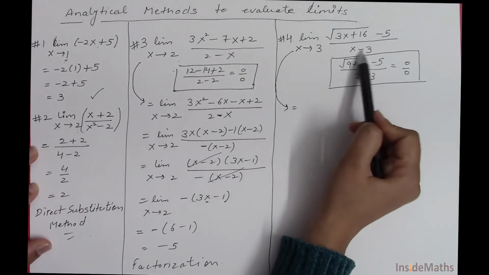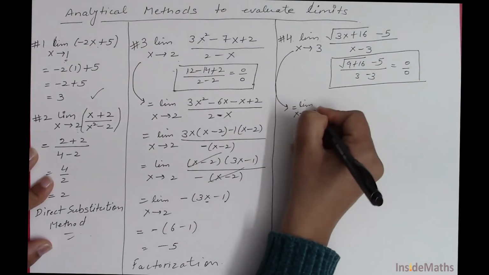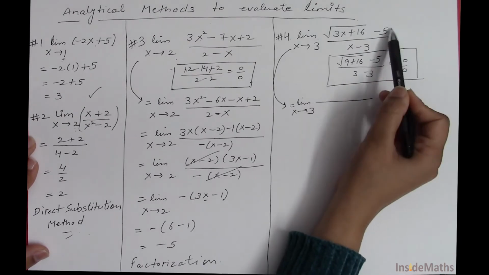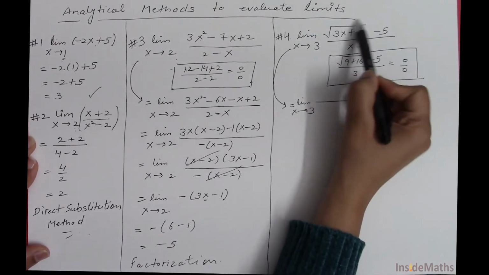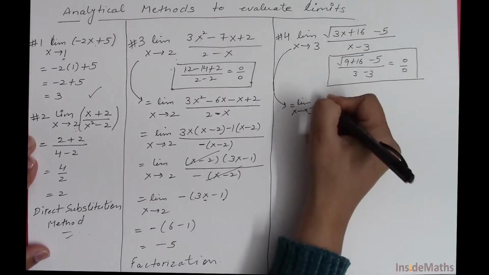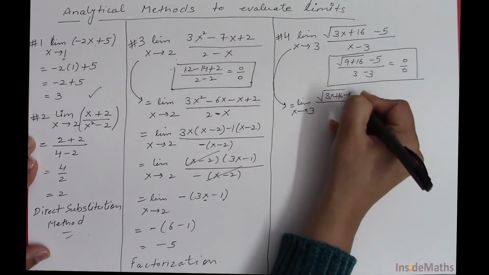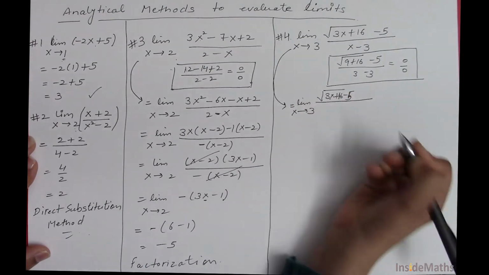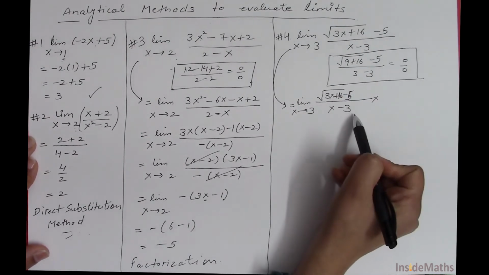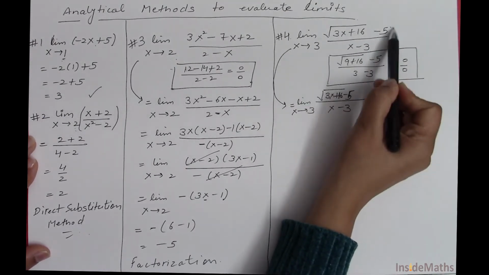Now if the function is given in this form, then I multiply and divide the function by the conjugate of this expression. First I'll write this function as it is, root of 3x plus 16 minus 5, over x minus 3. Now I multiply and divide the function by the conjugate of this term. Now what is the conjugate of this term?